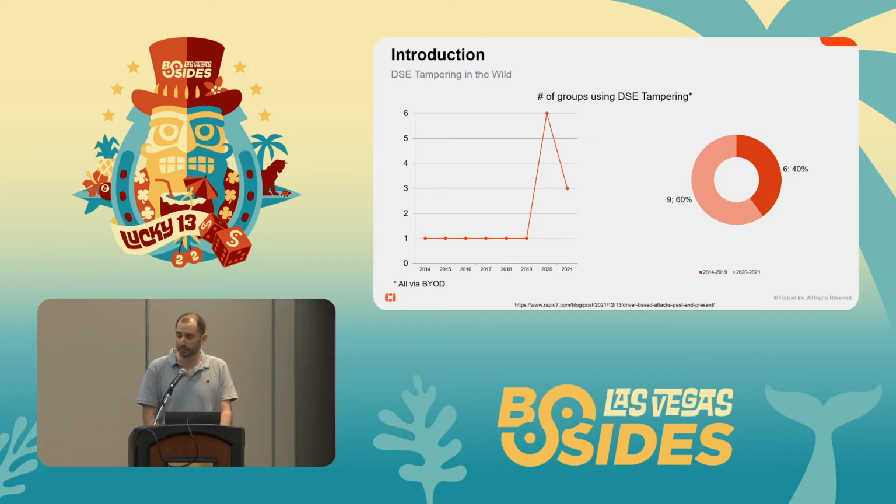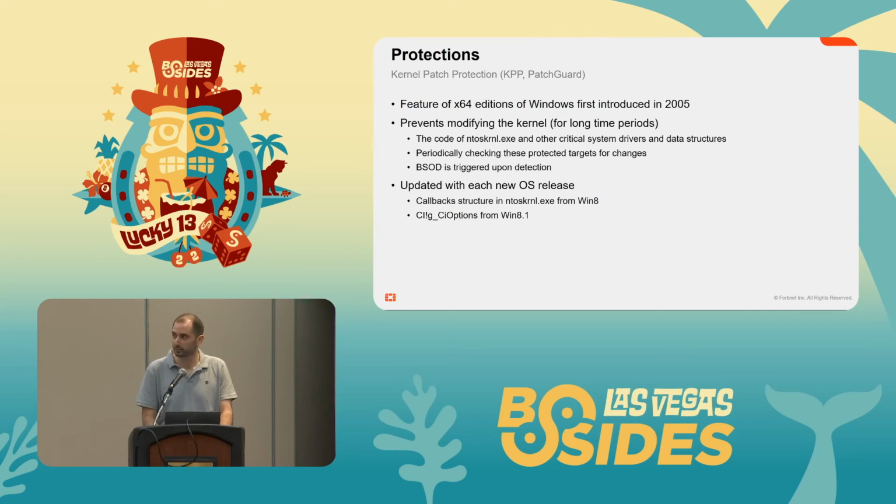In light of this critical attack path, Microsoft did try to mitigate it and fight against it. The first protection that was used is PatchGuard. Again, it's quite an old feature. It prevents modifying the kernel or its code for long periods of time.